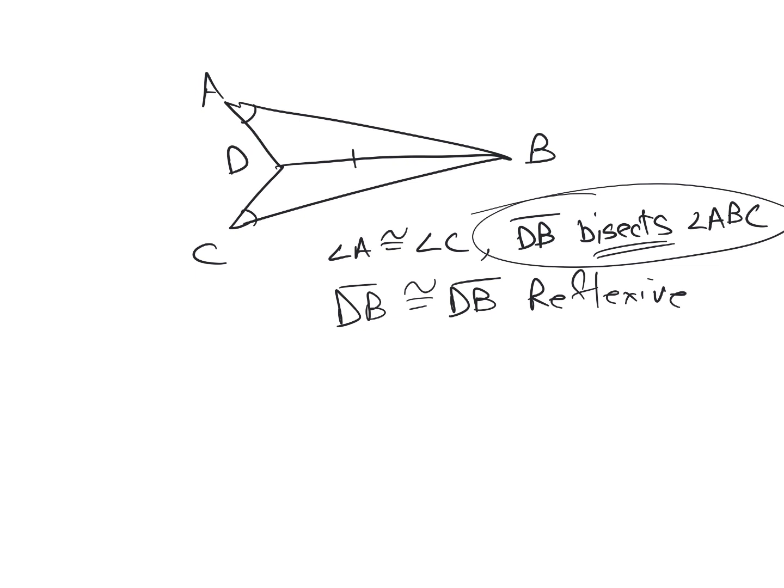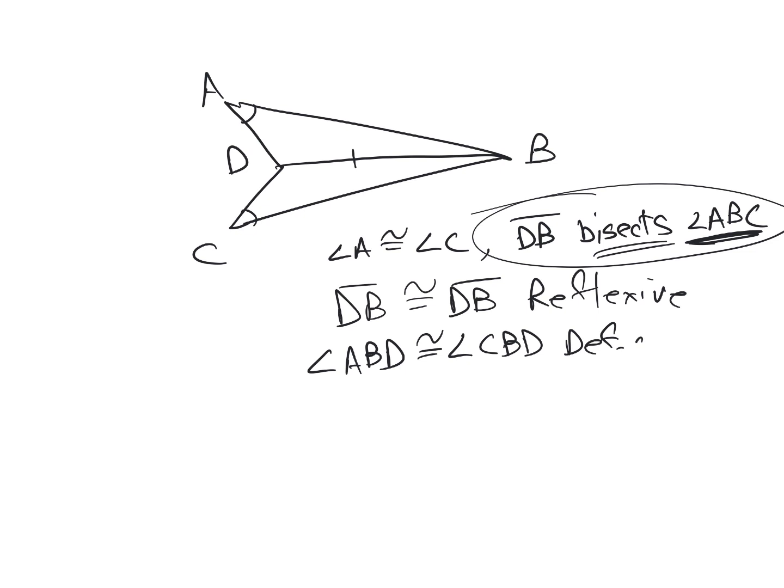Bisector gives you two congruent angles. Isn't a bisector bisecting an angle in this? It's bisecting an angle, so it makes it into two congruent angles. So angle ABD is congruent to angle CBD.